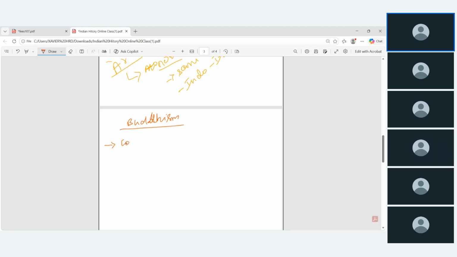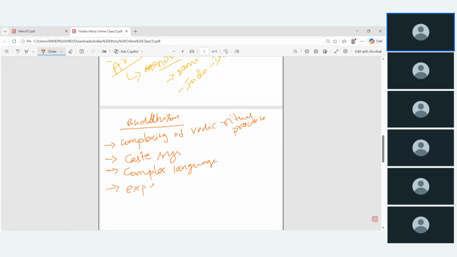Okay, one is the complexity of Vedic ritual practice, and the caste system was there, and a complex language that could not be understood by the common people, then expensive rituals.